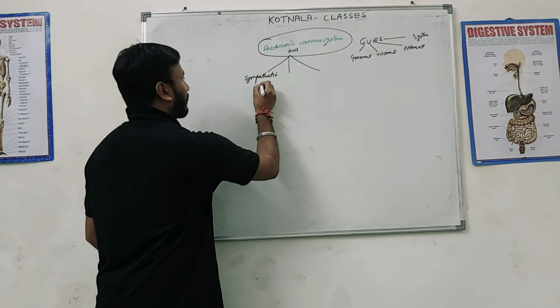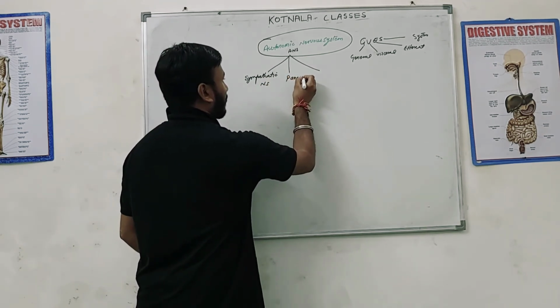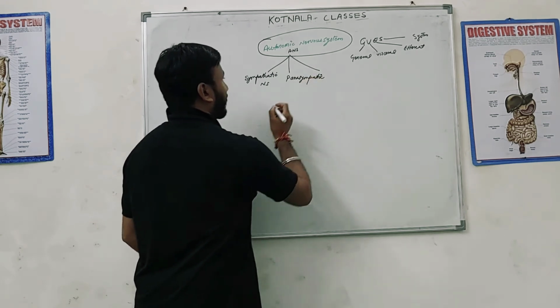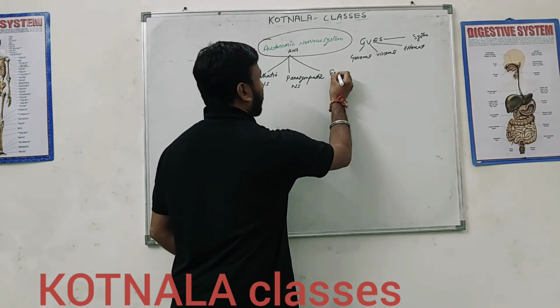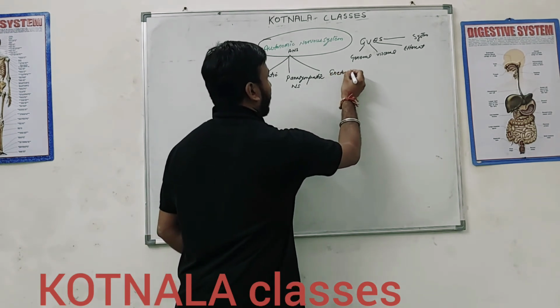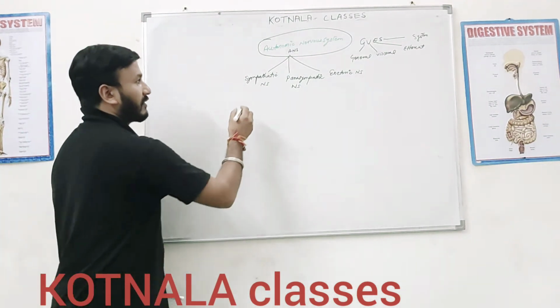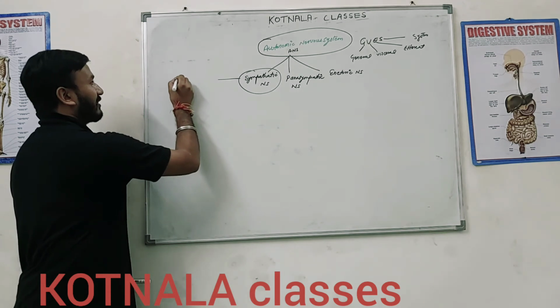The second is the parasympathetic nervous system. And the third is the enteric nervous system.